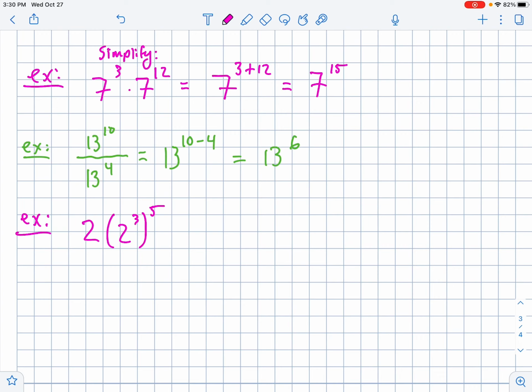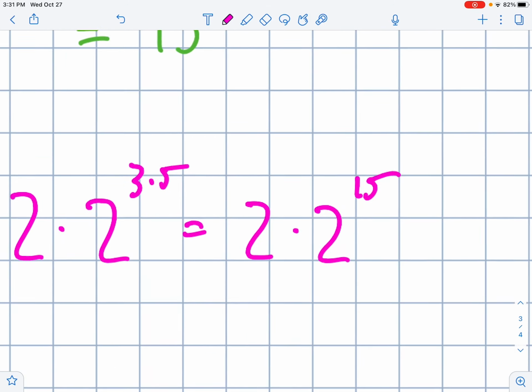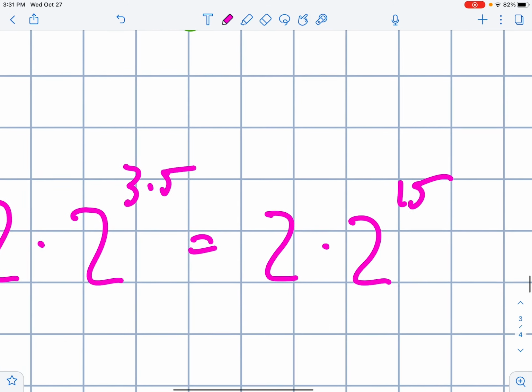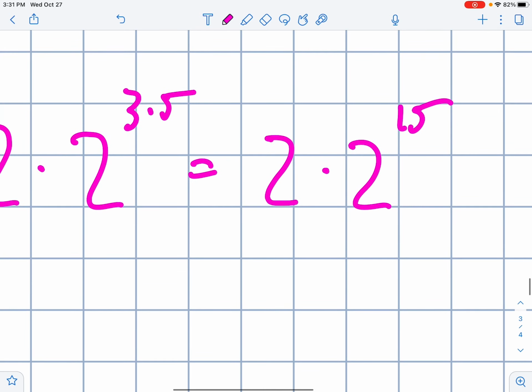Okay, slightly tricky one here. First, because of PEMDAS, we have to do the powers first. So I'm going to let that 2 on the front just hang out, and then that becomes 2 to the 3 times 5. So this is 2 times 2 to the 15th. Now, this 2 out in front, don't forget that any number, when you write it, has a little ghosty 1 up on the top.